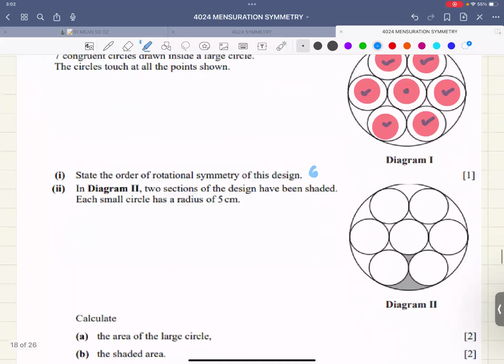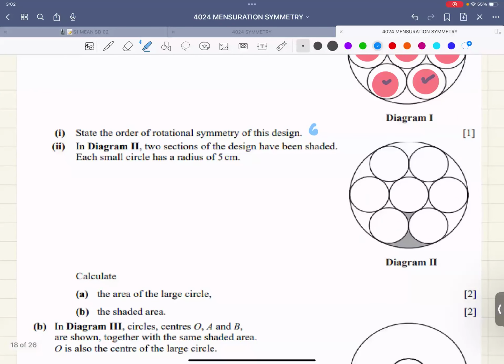In the diagram, 2 sections of the design have been shaded. Each small circle has a radius of 5. Calculate the area of the large circle. Now, first of all, if I talk about the small circle and it has a radius of 5, that means it's going like this, all the way like this. So this is 5 and 5.